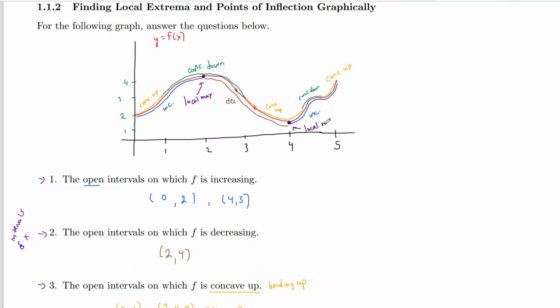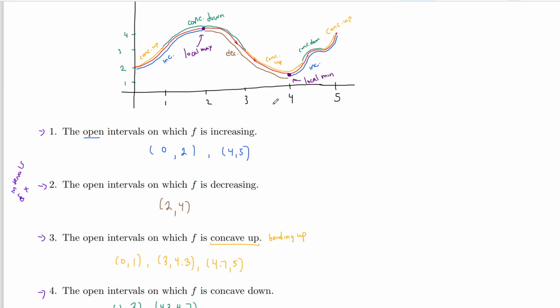And that's always going to happen for a graph at a local min: you're going to go from decreasing to increasing. Once again, keep in mind that when I say going from one thing to another, it's read left to right. So a local max is from increasing to decreasing. A local min is always going to be from decreasing to increasing. And the coordinates here: x is 4 and y is a little above 1.